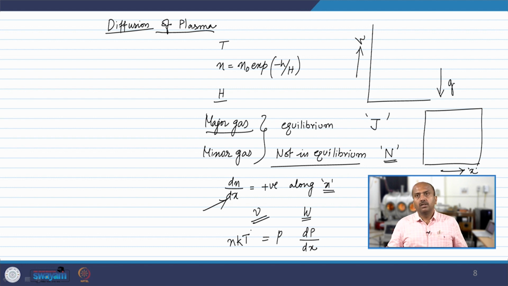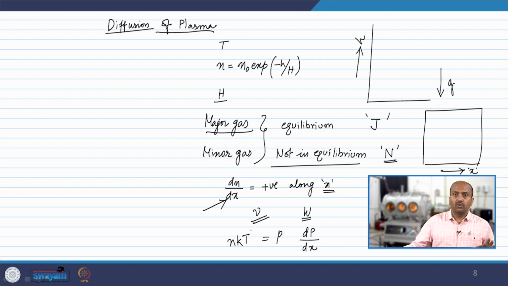Since there is a concentration gradient in the minor species, there will be a pressure gradient force. Also, the minor gas species are moving through the major gas species, so there will be collisions, and as a result some momentum transfer. If you take that momentum transfer per unit time, you get a measure of the force. So there are two forces.